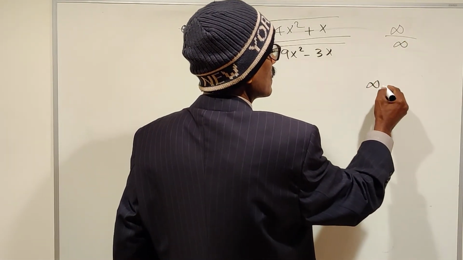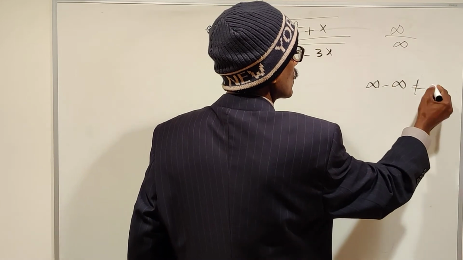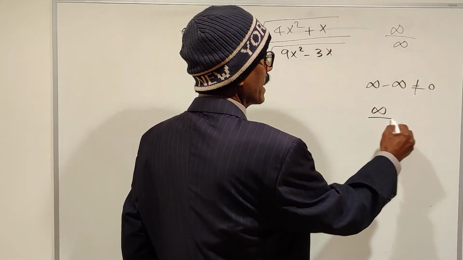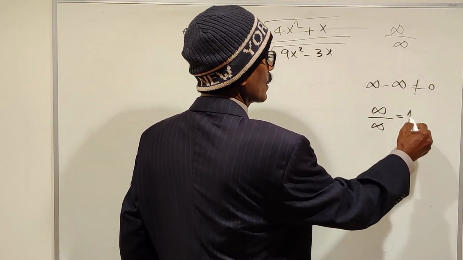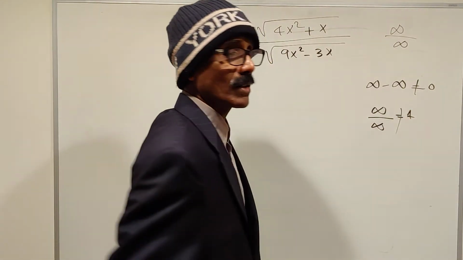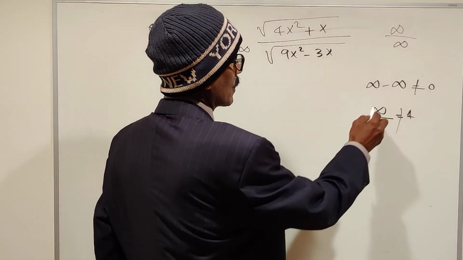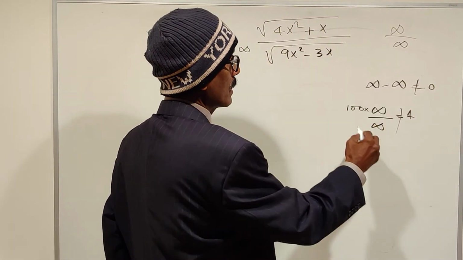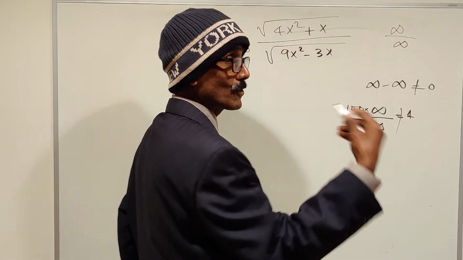See, infinite minus infinite is not equal to 0. Just like infinite by infinite is not equal to 1. Why? Because 100 times infinite is infinite, 10 times infinite is also infinite.